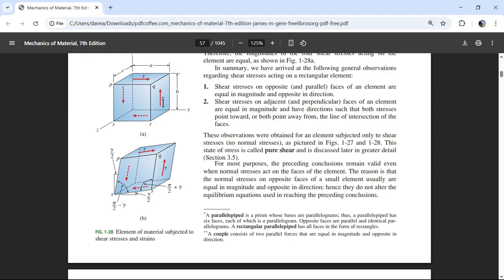If this arrow is down and this arrow is that way, I'm still going to pivot it from this point, but what happens is that this side of the box shifts this way, so I'm going to draw a little point there and a little point there. So this point moves to there, this point moves to there. And then this shifts down, so this point moves to here, and this point moves to here.